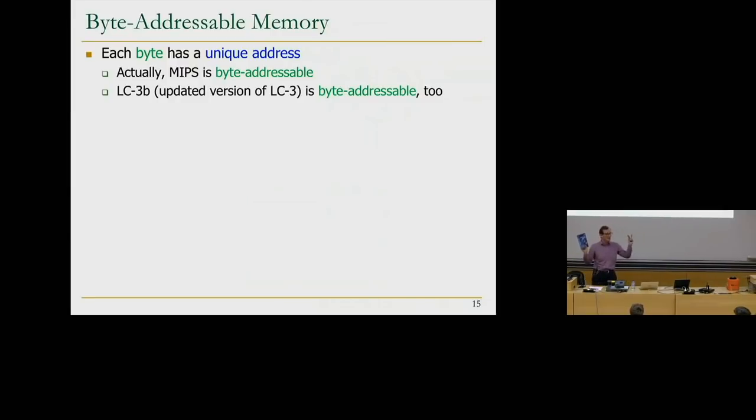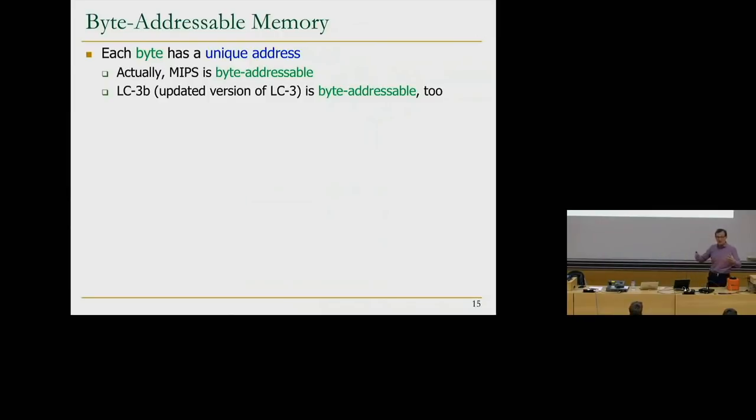If you want to manipulate a pixel, that's a byte. And it might be good to just load a byte and use that byte. So later, the authors extended the ISA, modifying it to become LC3B, which stands for Little Computer 3 Byte Addressable. So there's a byte addressable version of this, which is actually in Appendix A and C, which is required reading.